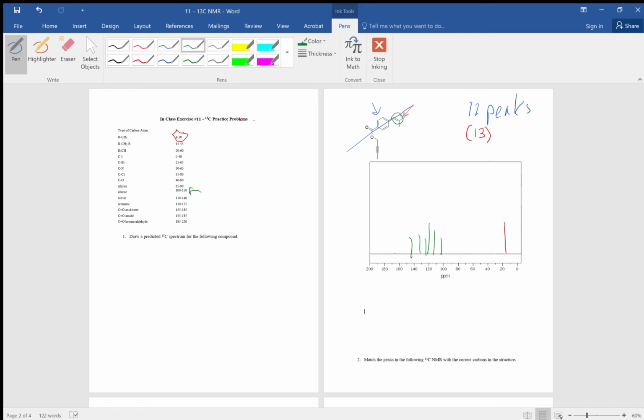Next to the aromatic, we have a carbonyl. And specifically, that carbonyl is an ester. Esters show up 155 to 185. So I'm going to put that carbonyl peak right in that ester range. And hopefully I'll make it look like only 1 peak.